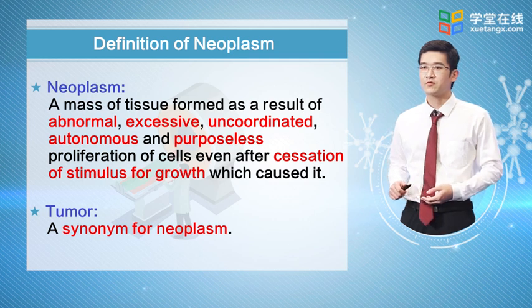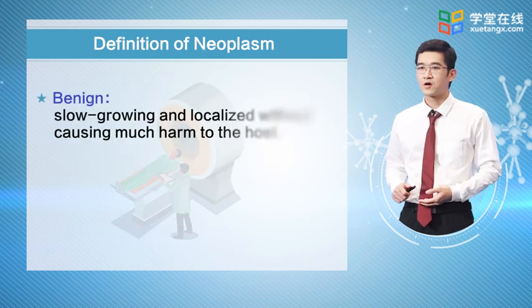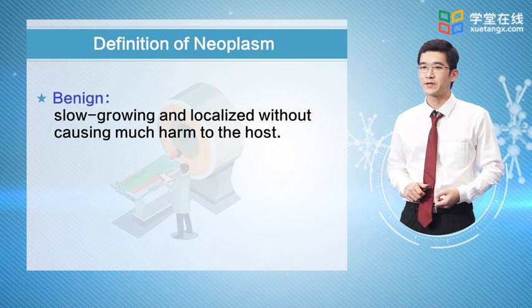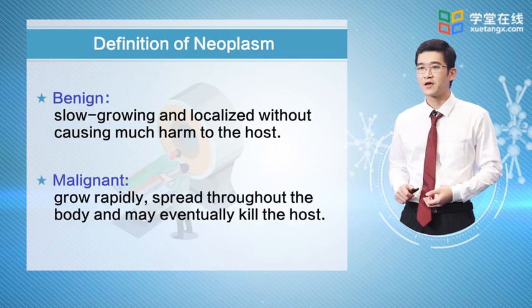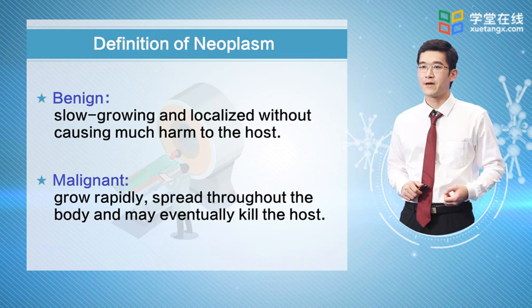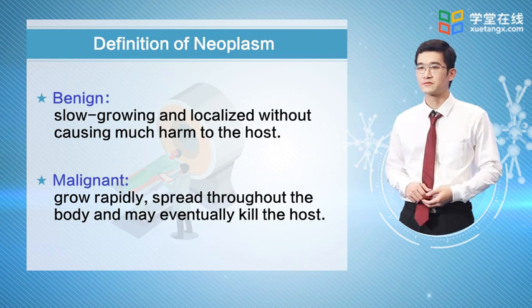In common medical usage, tumor is a synonym of neoplasm. According to their potential clinical behavior, neoplasms may be benign when they are slow-growing and localized without causing much harm to the host, or malignant when they grow rapidly, spread throughout the body, and may eventually kill the host.